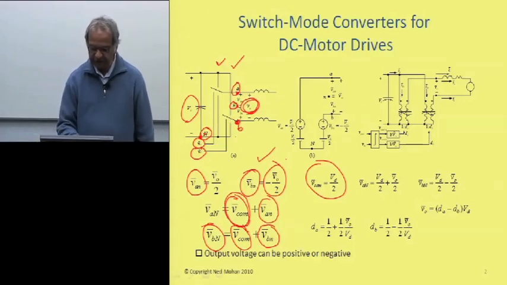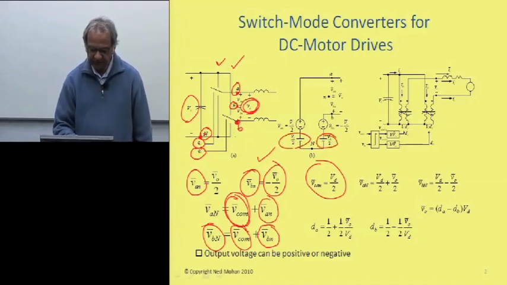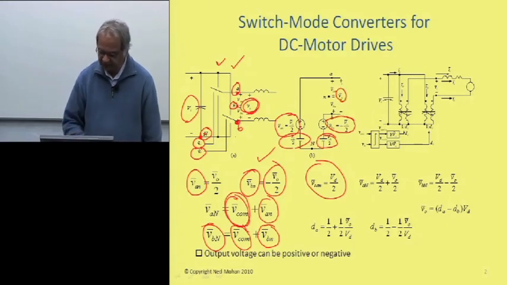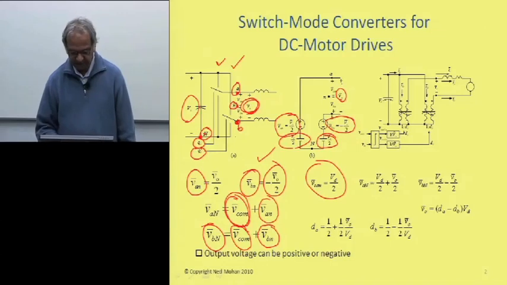And that is what is shown in figure b here: you have a common mode voltage, and then you are creating VAN to be V0 over 2, and here minus V0 over 2. And then that ends up being the desired V0 over here.